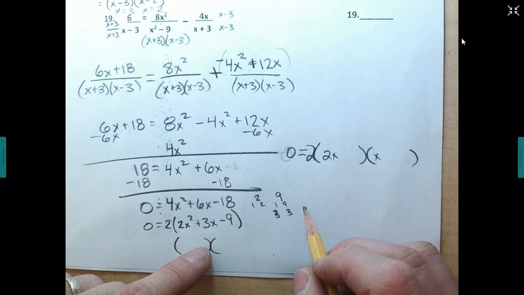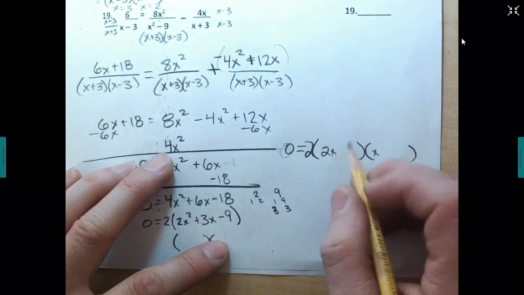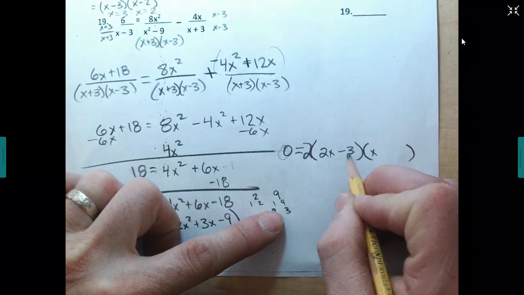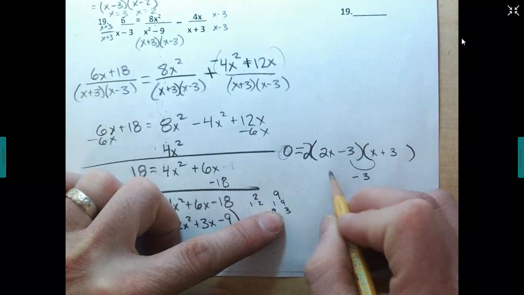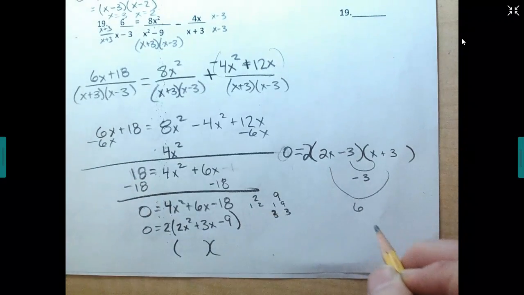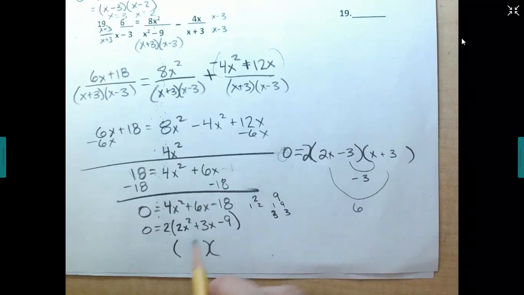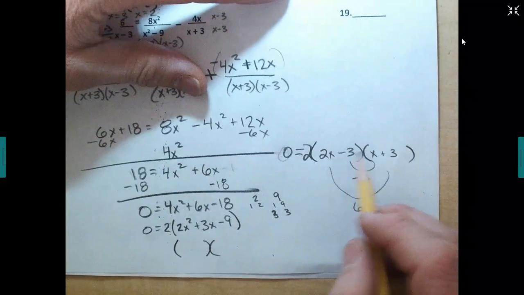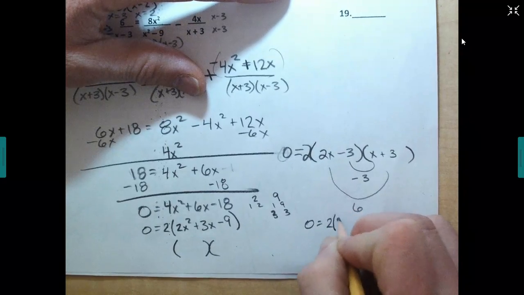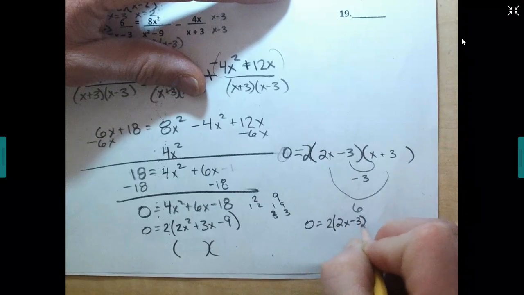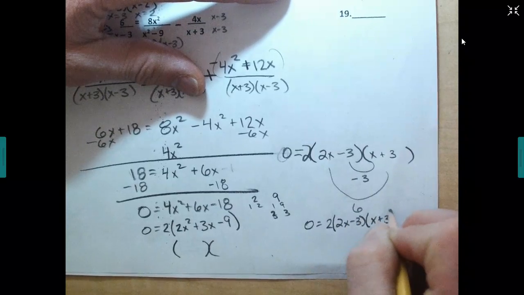So let's start throwing numbers in. Let's do 3 and 3. So negative 3, positive 3. So I get negative 3, and I get 6. So that gives me a positive 3, boom. There's my answer right there. First try. So 0 equals 2 times 2x minus 3 times x plus 3.